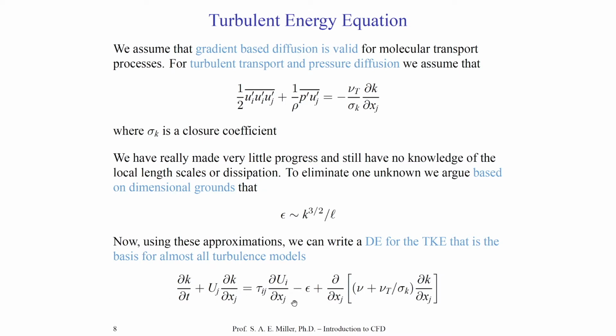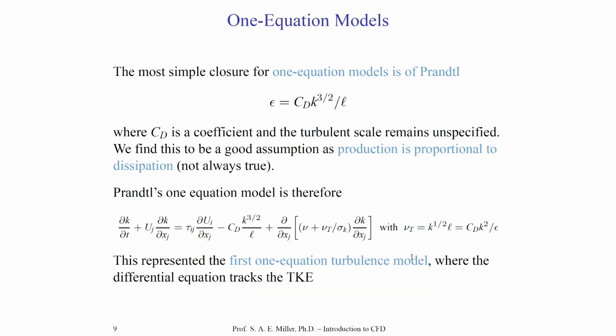The left-hand side's unchanged. The first two terms are unchanged, tau ij partial ui partial xj minus epsilon plus partial xj of now the viscosity plus the eddy viscosity divided by sigma k partial k partial xj, which is up here. See how that's substituted. Very simple and straightforward.